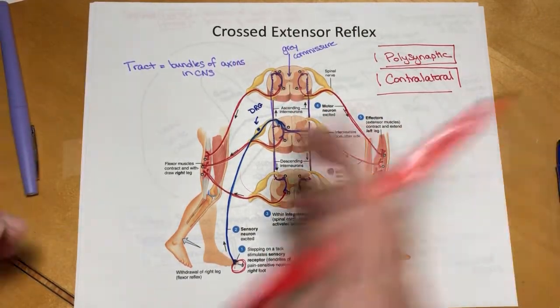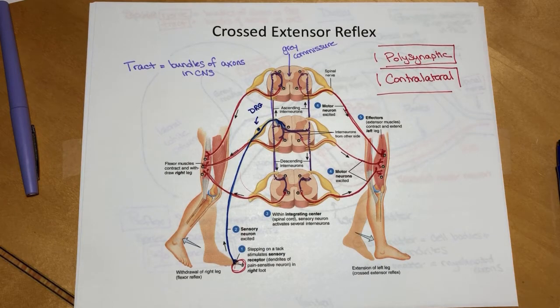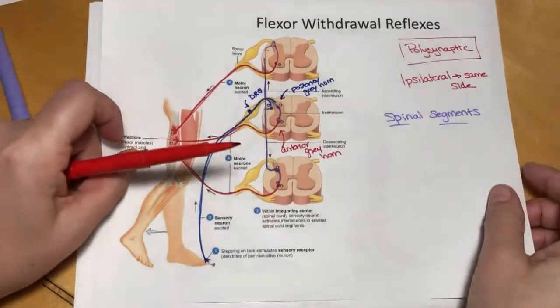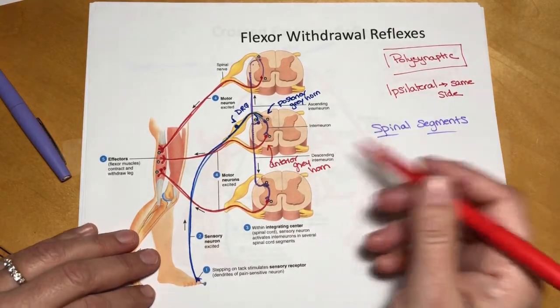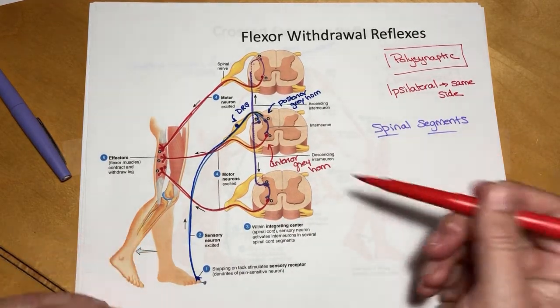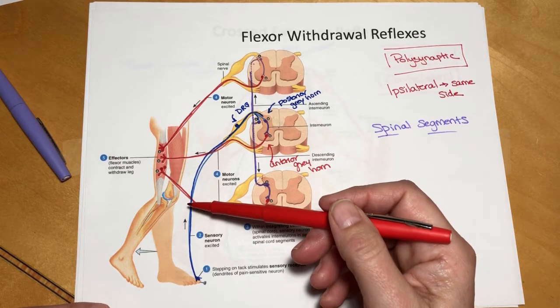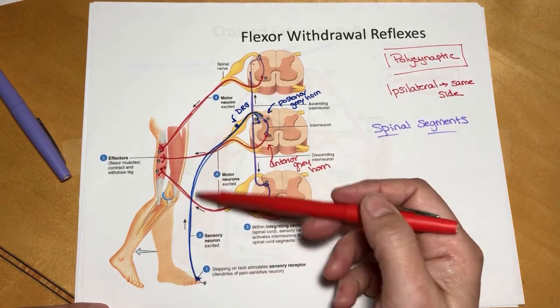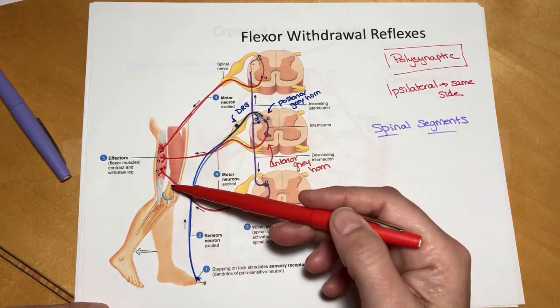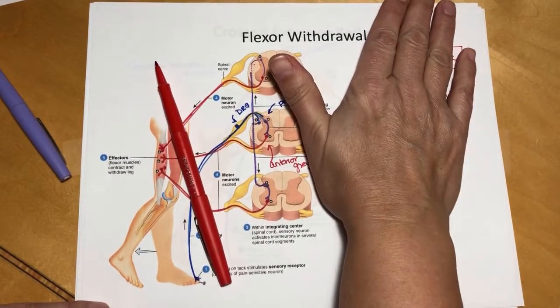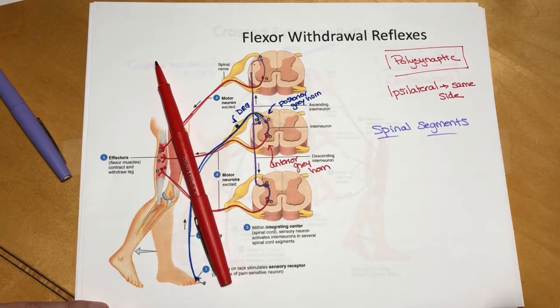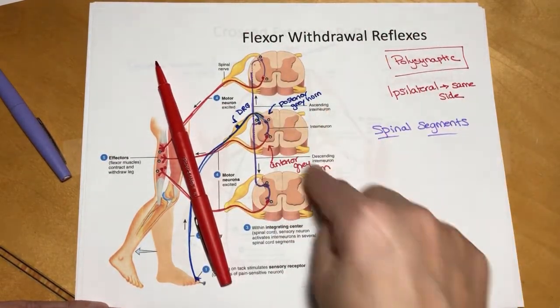Now, one of my students at one time noticed, well, what's with this one? This is almost the same thing, but you don't have that contralateral response. I think that the book did a disservice by using this analogy. They could have very easily shown you putting your hand down on a tack and pulling it back, because that's really what we're talking about here.